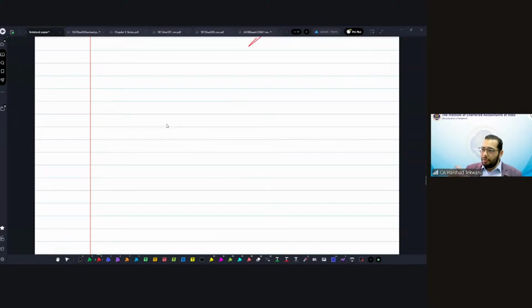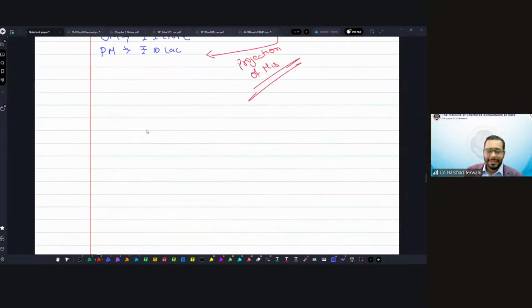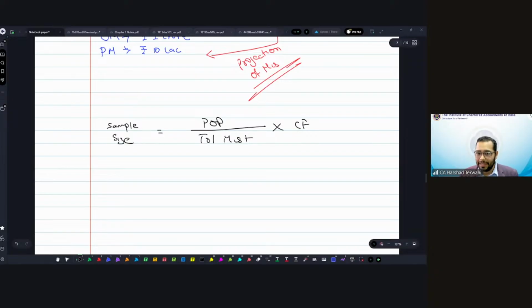And if I talk about the formula to derive the sample size, usually there are complex formulas also, but I'll give you a simplified version. So usually the sample size is derived this way: you take a population, you multiply with a confidence factor, and you divide it by the tolerable misstatement. This is how you get the sample size.